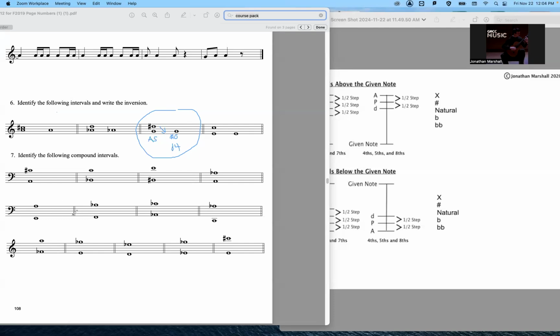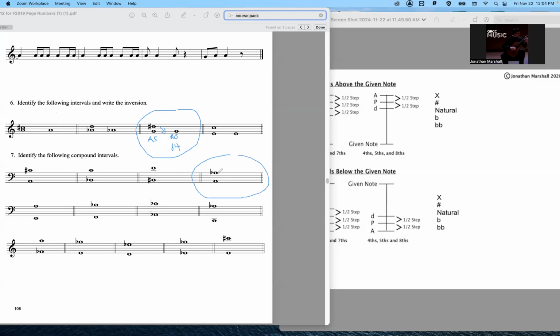And in part seven, you simply identify the following compound intervals. I think the best thing you can do is once again solve for the simple interval. We've gone over how to do that numerous times. In this case, though, they did give you an 8 here. That's an A to an A flat.